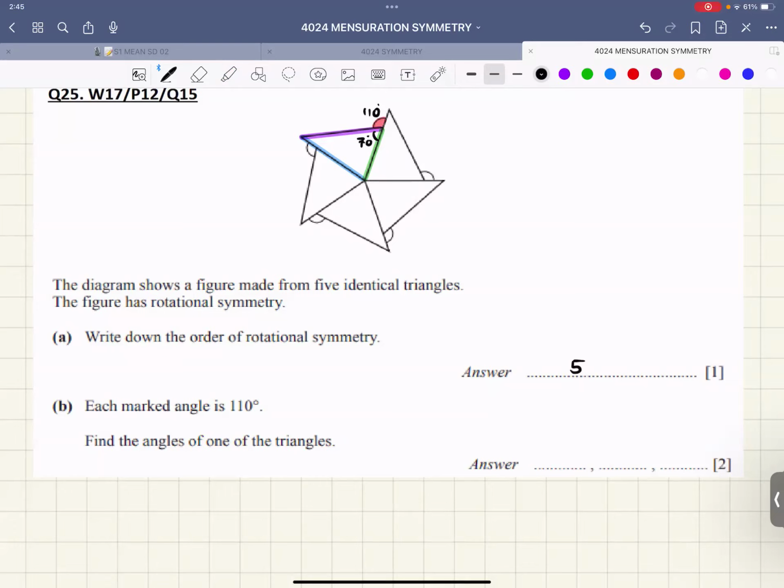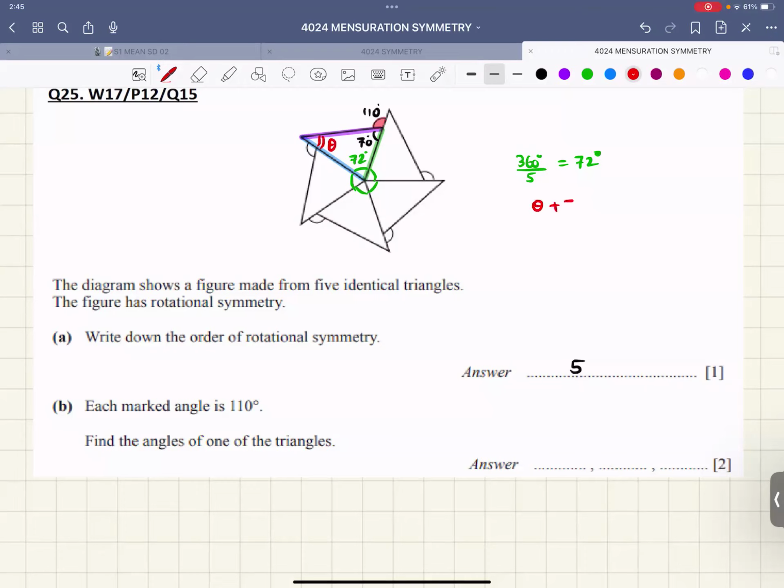And then if I talk about this angle, the green angle, let's say, this angle, this angle, this, and this. So this is 360 degrees divided by 5, that is 72 degrees. So therefore, this is 72 degrees. And now I'm left with this angle. Let me call this thing theta.